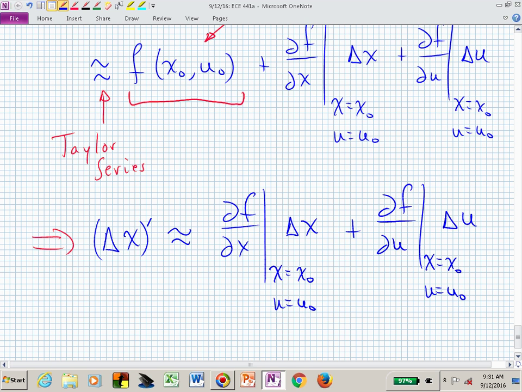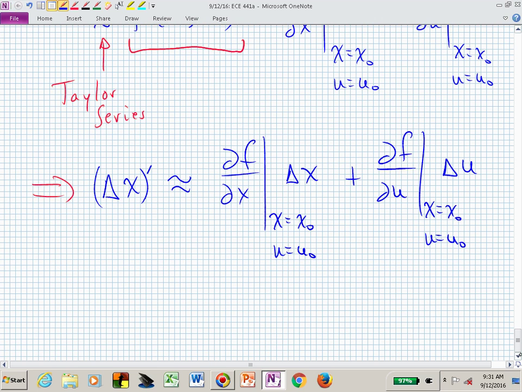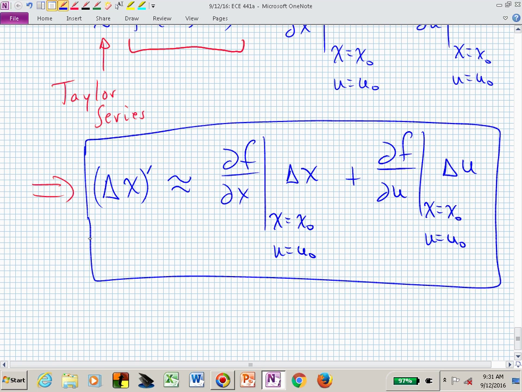Let's go back to the future. Let's go back to the example. Put this in play. Actually perform some of this. This is what we want to use. We want to now apply or utilize that expression.